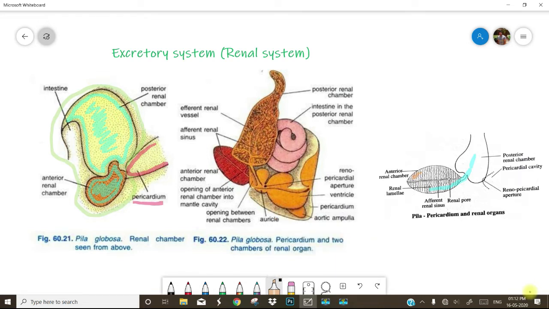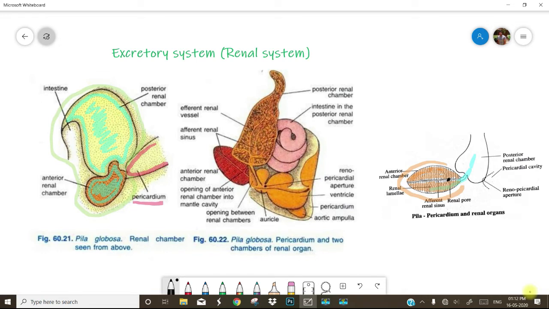anterior renal chamber. This is the anterior renal chamber in its ventral view. So I am marking that. This is the anterior renal chamber, and it is an oval sac. See the shape of the renal chamber. It is oval in shape, lying in front of pericardium, and it contains an opening. I'll mark that.